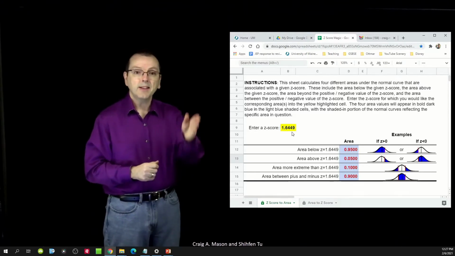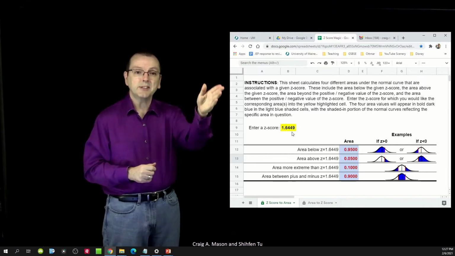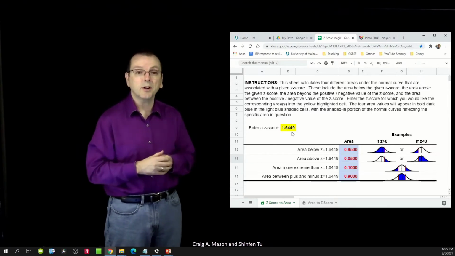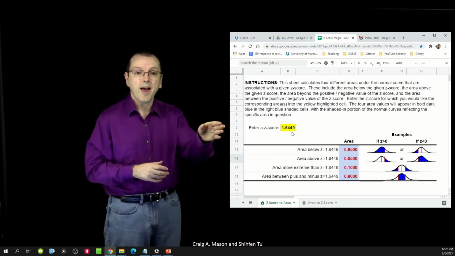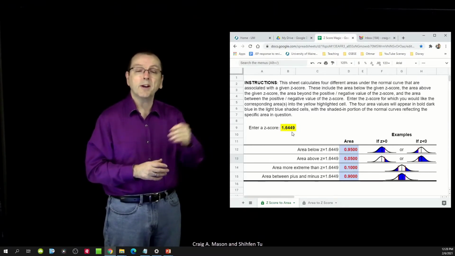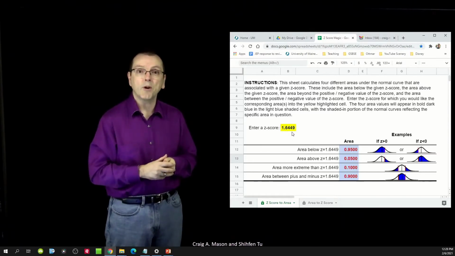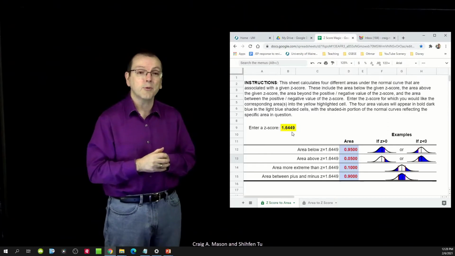Okay? At the top, notice it gives us the instructions, just describing how the system works, right? Then we have enter a z-score in a yellow box. That's just where you type in the z-score that you're looking for an answer for. Okay?